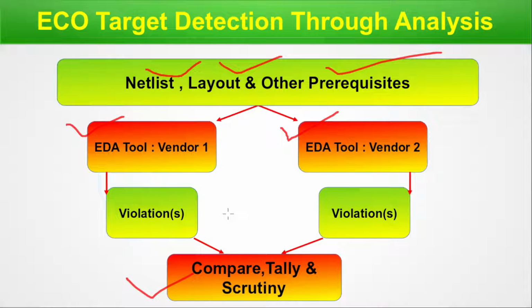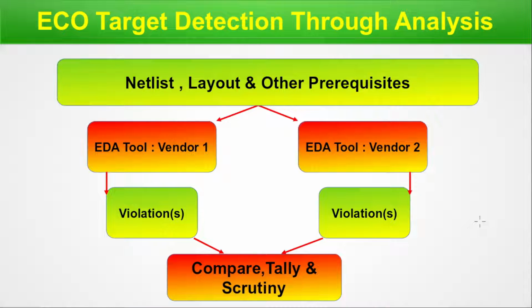And if there is an odd man out among these two sets of violations, we have to do the root cause analysis, why that odd man out is there. And there could be some things that are present here and not present here. All these types of QA checks, that means the quality assurance or the quality control checks, that is QC, all these things have to be done by a VLSI engineer.